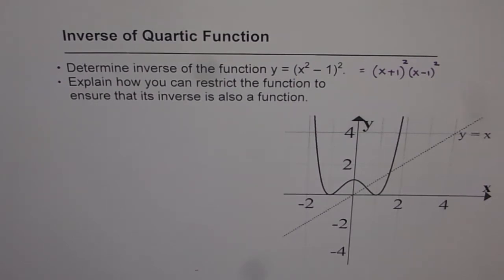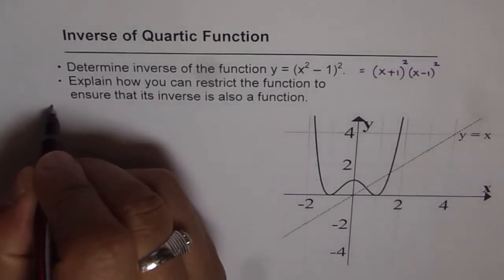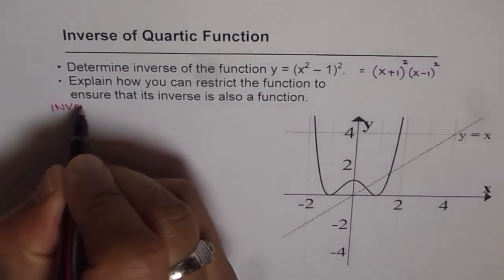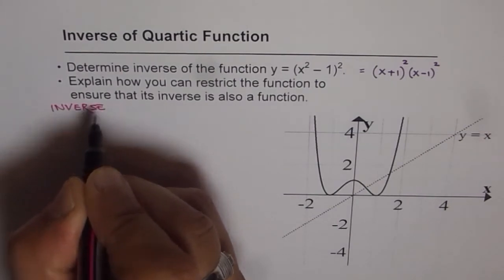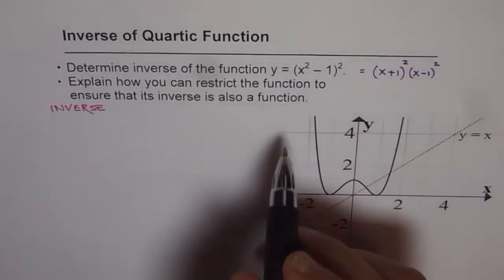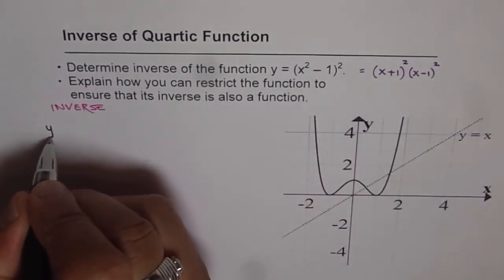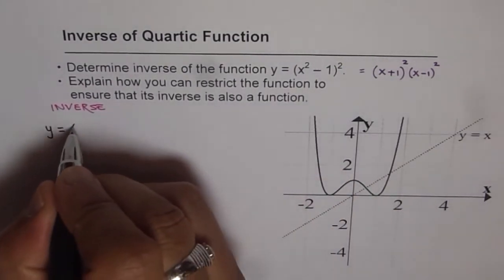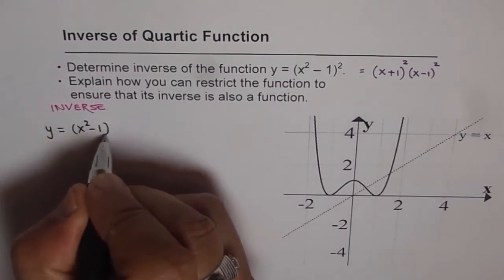Now let's try to find out the inverse of this function. Let's do the first part, and that is the inverse. To find the inverse, what we need to do is swap x and y. So we are given the function y equals (x² − 1)².